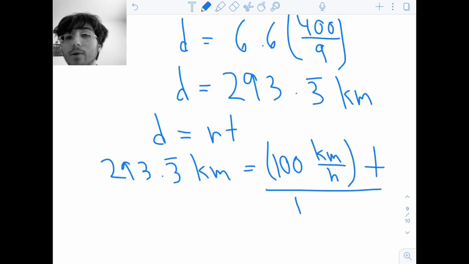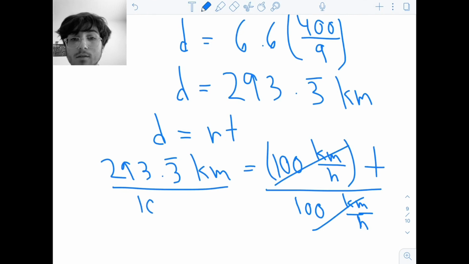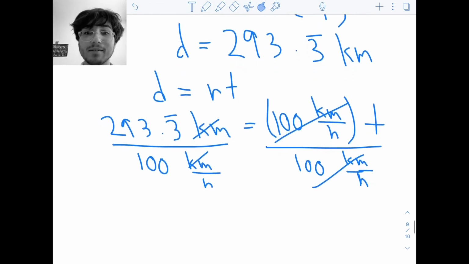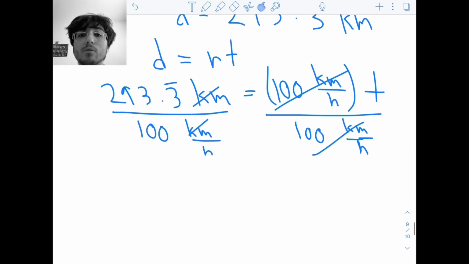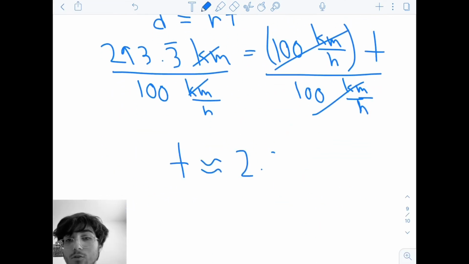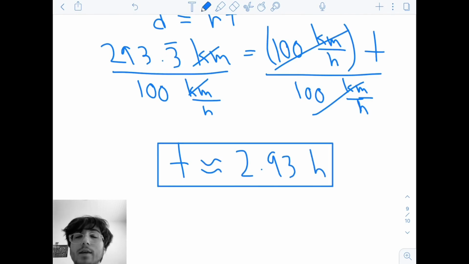So to do that, we're going to divide by 100 kilometers per hour on both sides. So kilometers will cancel out, and you're left with hours, which is what time is measured in. So 293.3 repeating divided by 100 is approximately 2.93 hours. And that's to deliver.